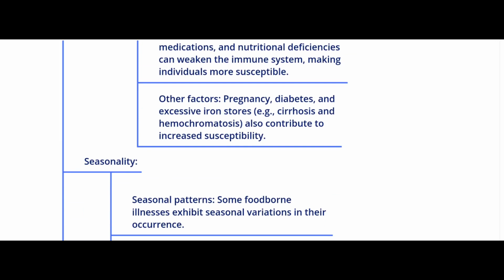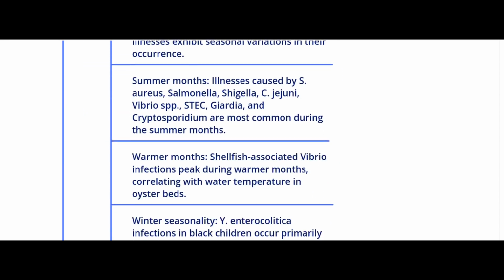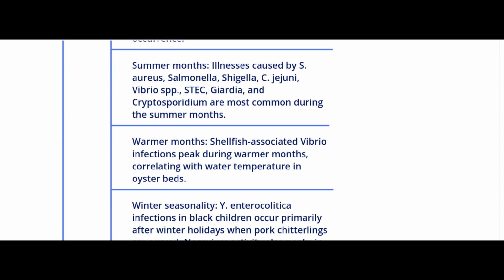If we look at seasonal patterns, some foodborne illnesses have seasonal variation. For example, in summer months, it is Staphylococcus aureus, Salmonella, Shigella, Campylobacter, Vibrio species, E. coli, Giardia, and Cryptosporidium, since they need warm environments to survive. We can have shellfish association during warmer months because water temperatures increase in oyster beds.